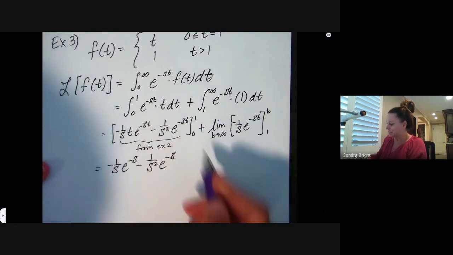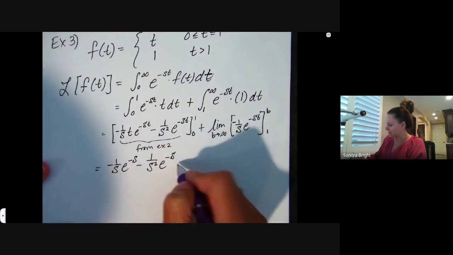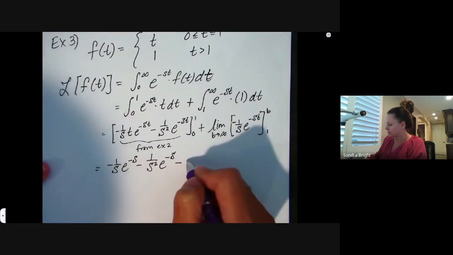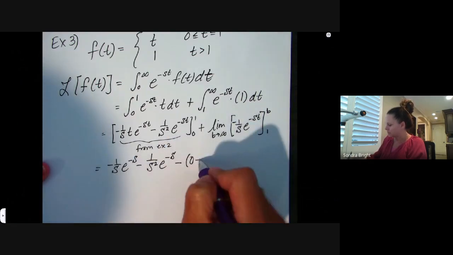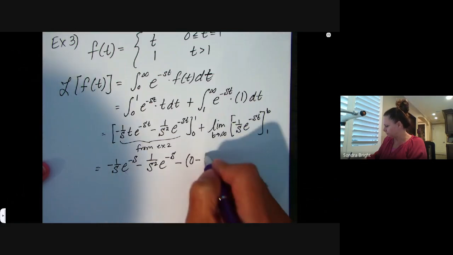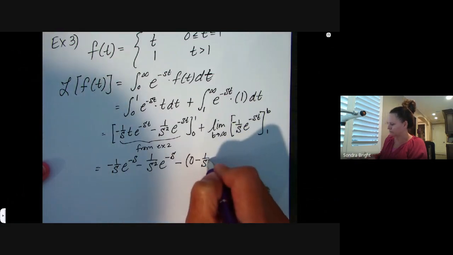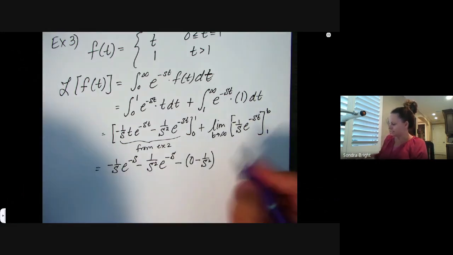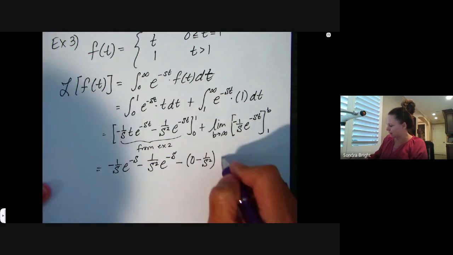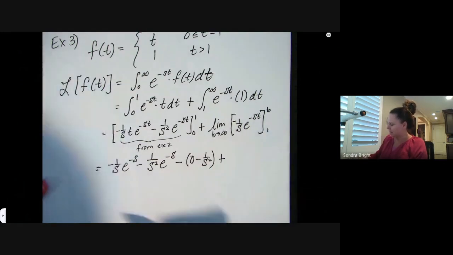Plugging in a 0 into t will give you a 0 here, and then a minus 1 over s squared e to the 0. Make sure I don't make a mistake. Okay, and then we have plus. That was the first one, and now this one.